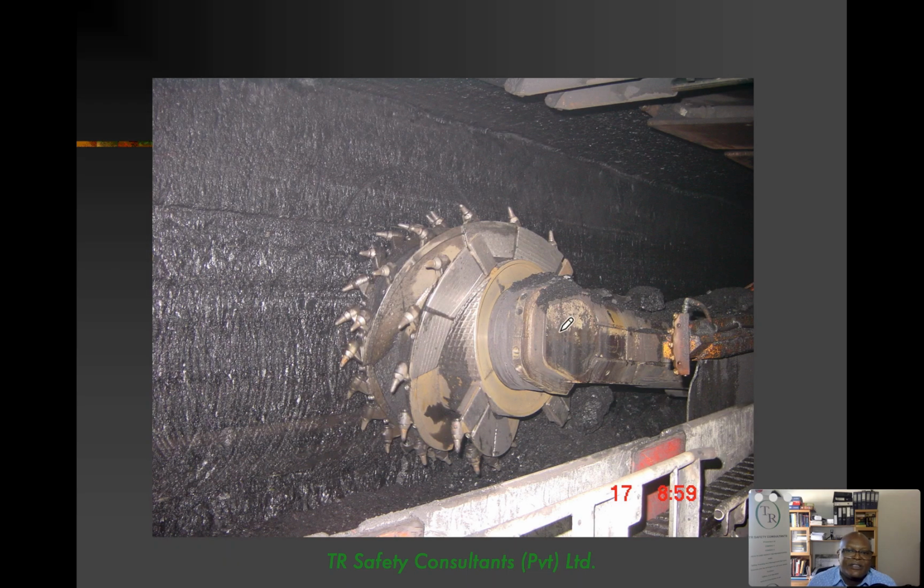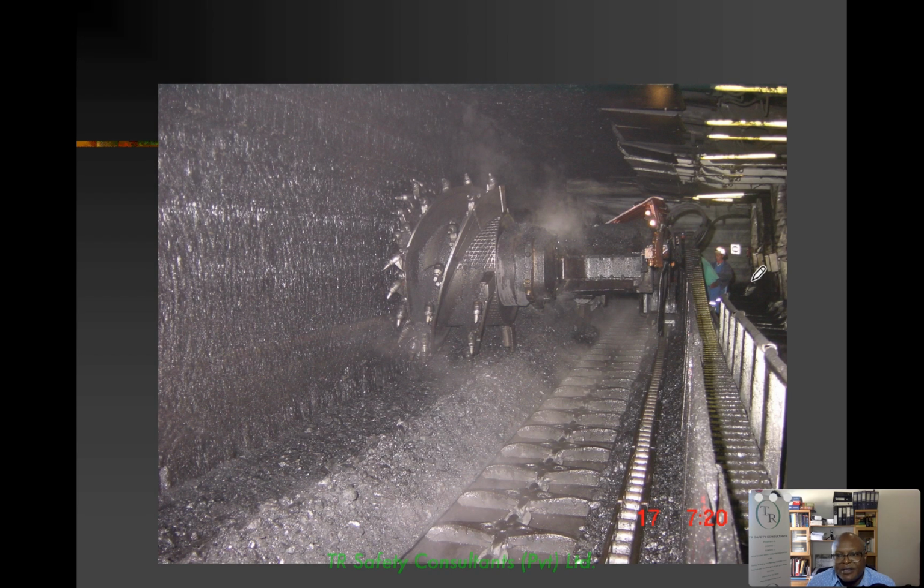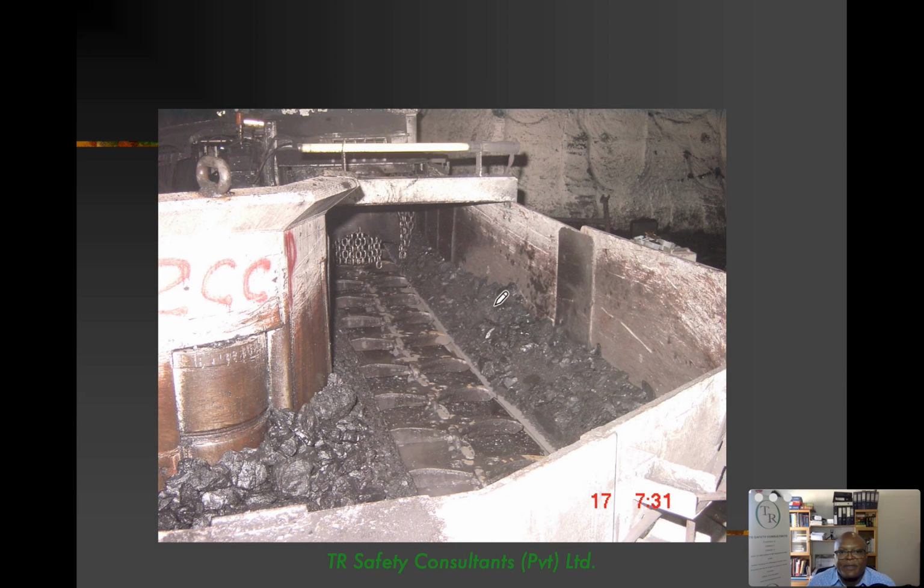Goaf. Here's another picture, the cutting drum, moving across the face. There's a lot of coal coming out there. You can see where the guys are standing, and this is the cut from another angle, and there's the conveyor belt. So it's cutting, and that coal is falling onto the armored conveyor belt, which takes it to another conveyor belt system to take it out of the mine.